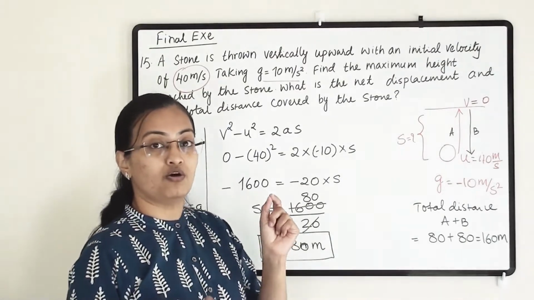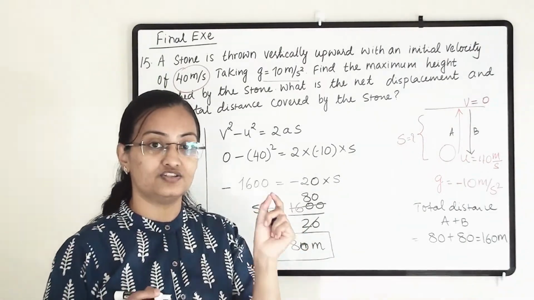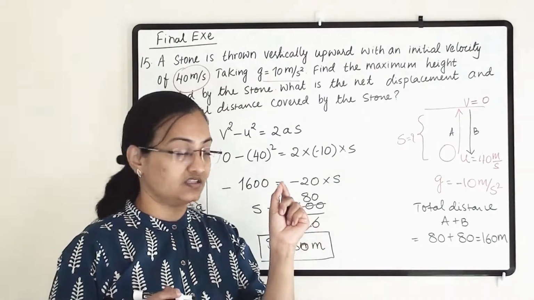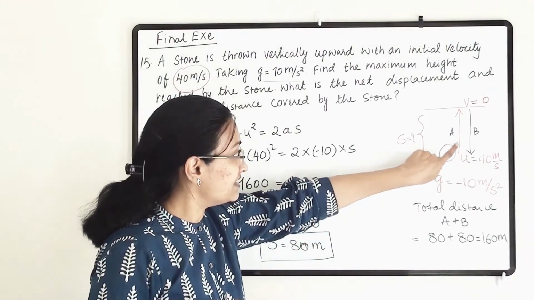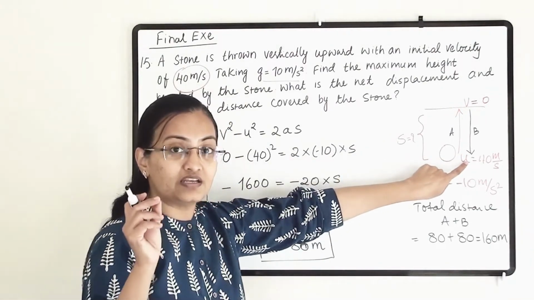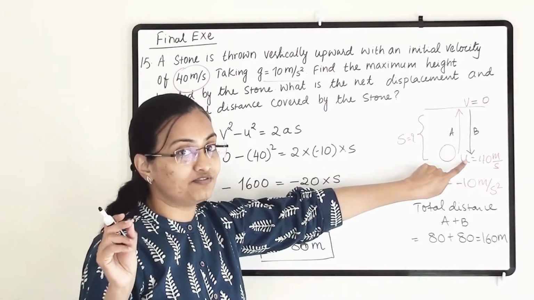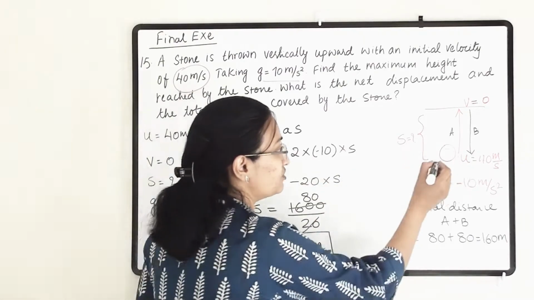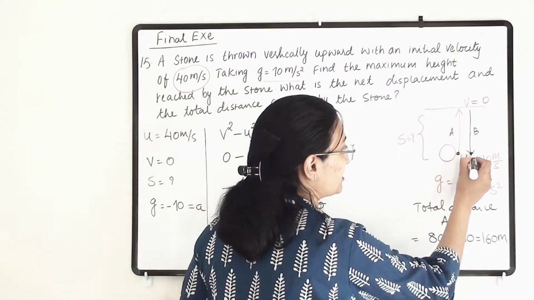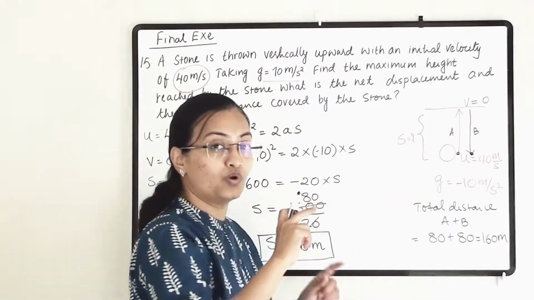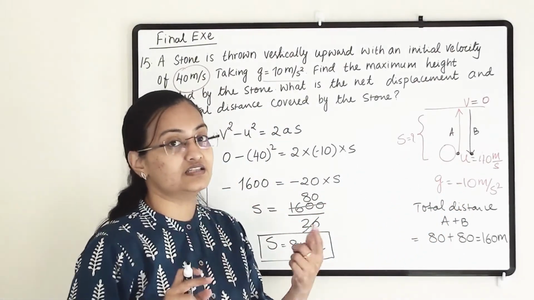Displacement means the object has started the journey from a point, that is the initial point, and then it comes back, and when its journey ends, that will be the final point. But here the initial point and final point are the same. So whatever displacement is there, that is 0.